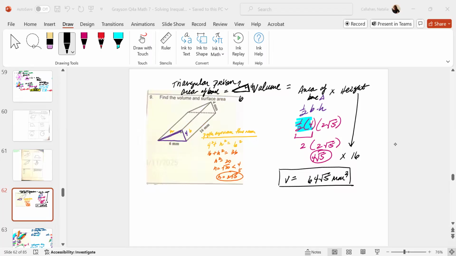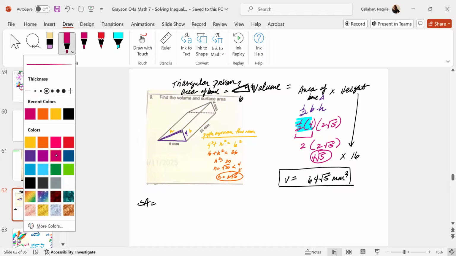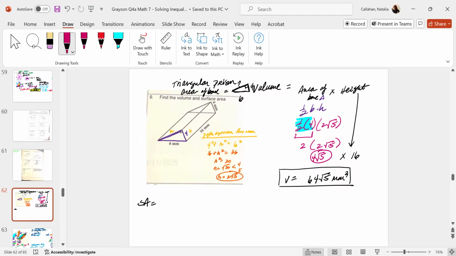Now let's find the surface area. Okay, to find the surface area, what's the surface area formula for a triangular prism? Okay, so this is an area for rectangular. Go look at your flashcards. Do you have a flashcard that's just for triangular prism? You need to create one.